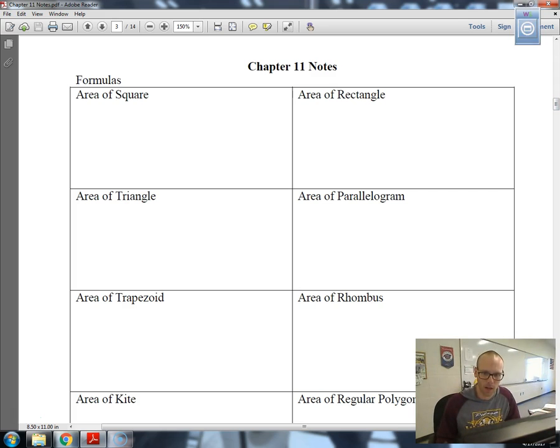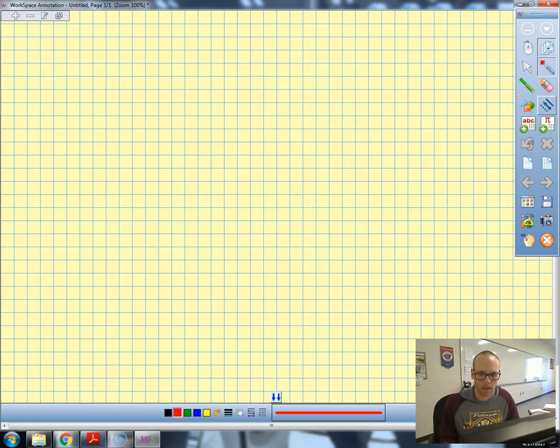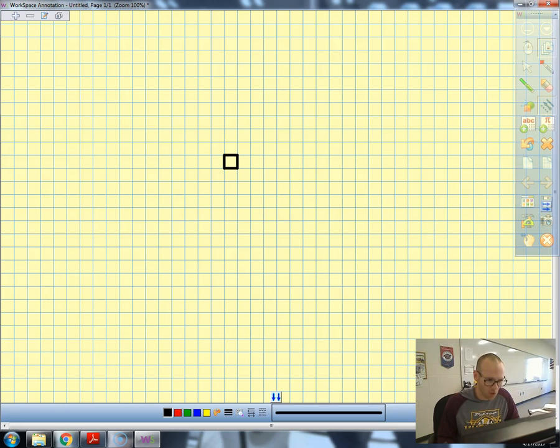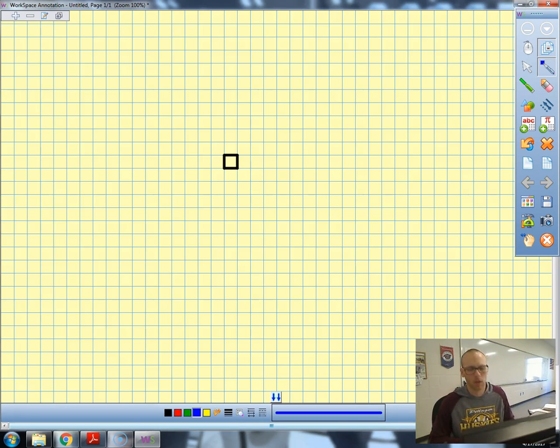All right, so I'm going to step away from our note packet here real quickly just to make sure that we understand the area of a square. Okay, so let me draw a square. When we are looking at finding areas, what kind of units do we use?